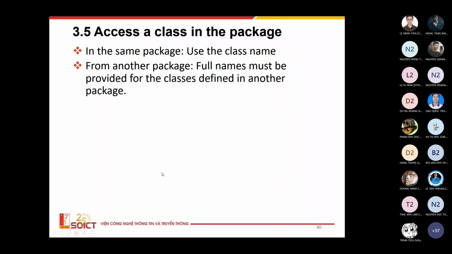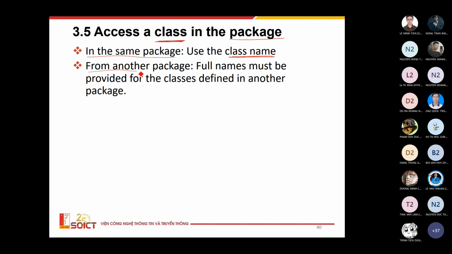Ok, thank you. So, we will pass to the next topic: how you can access a class in a package. We talk about the package, we talk about the class, but how can you access a class in a package, for example? Within the same package, you can use the class name only. So you can access the class, or you can show to the JVM that this is the class I want to use.